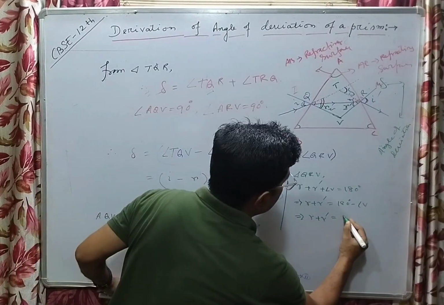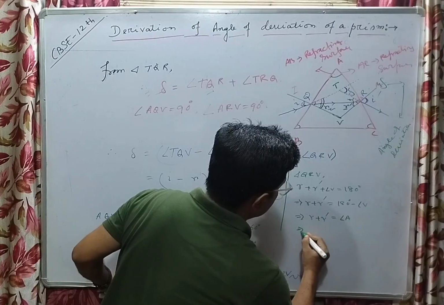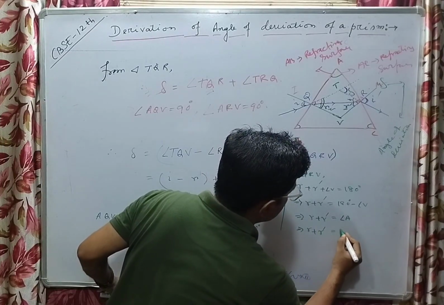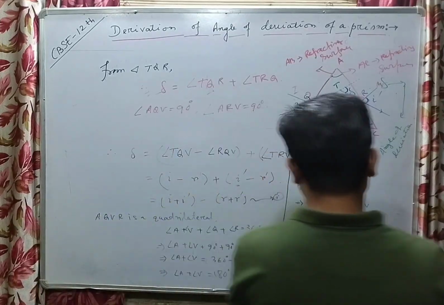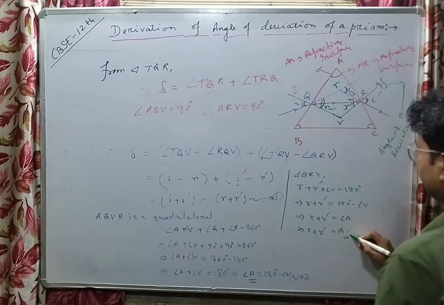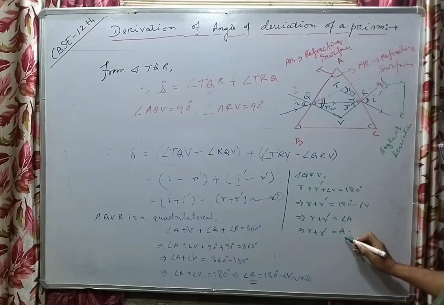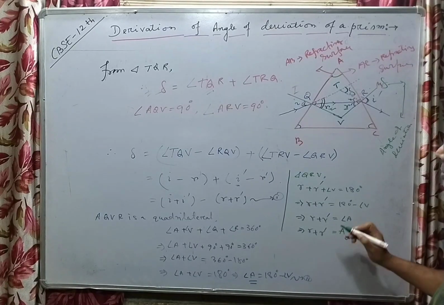Angle A. r plus r dash is equal to A. Okay. This is the angle of the prism.